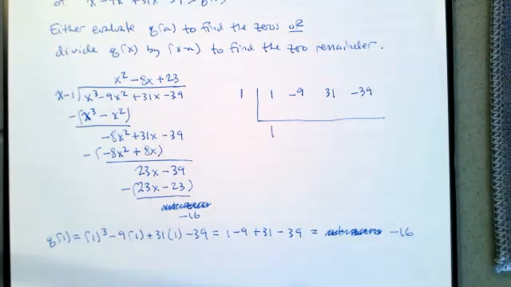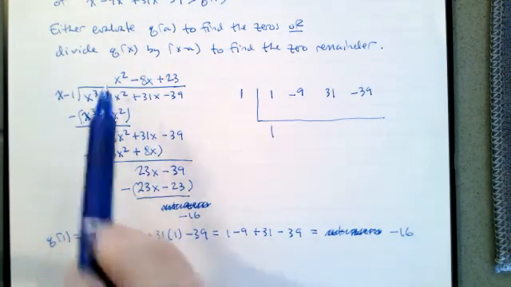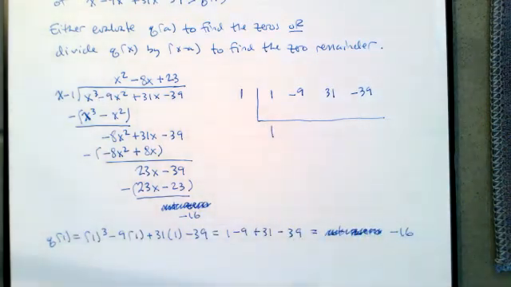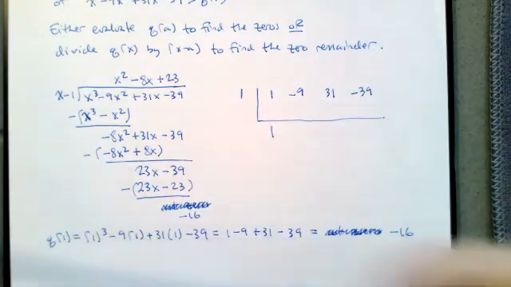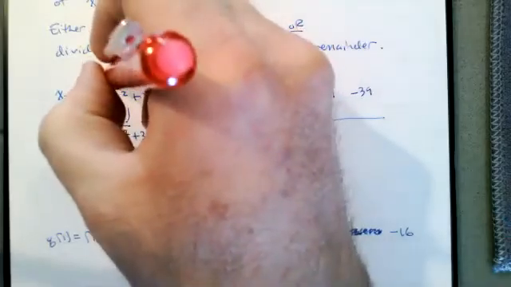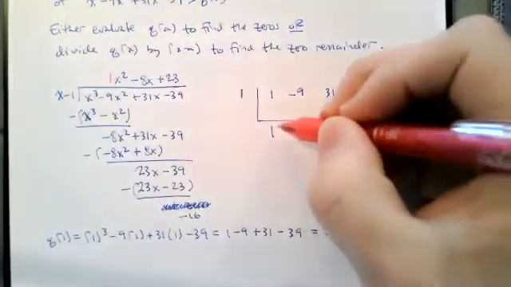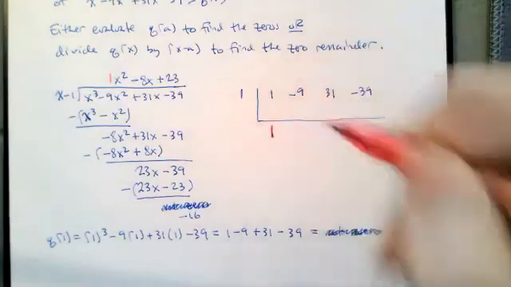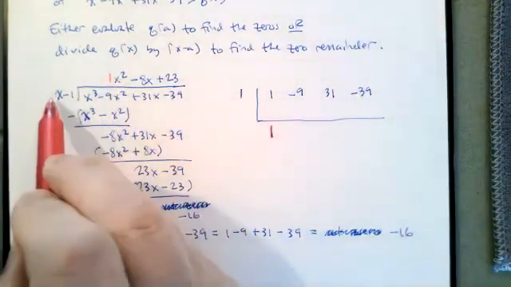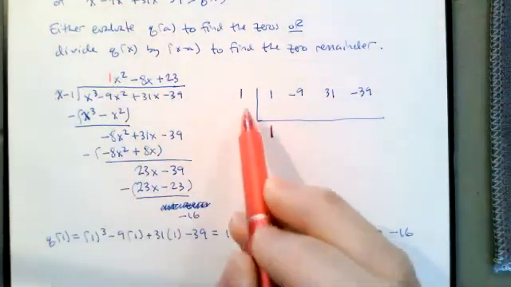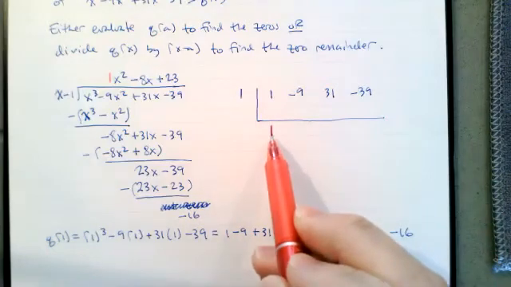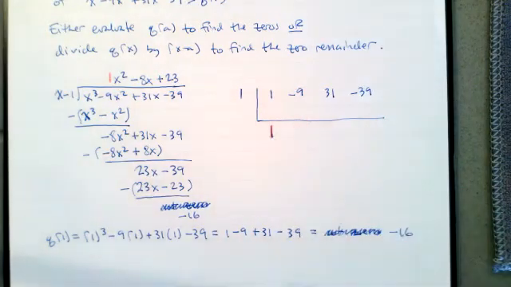Now, the first thing that we did was we said, up here, we were going to do this 1x squared time. So I took the x squared and multiplied it. So what we're going to do is multiply the 1 times the 1, and that's going to be a 1.